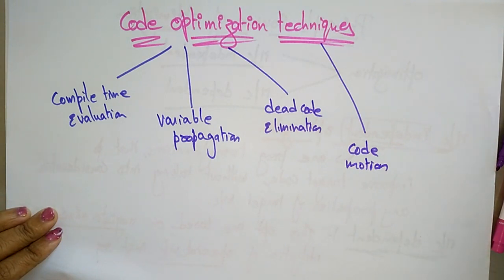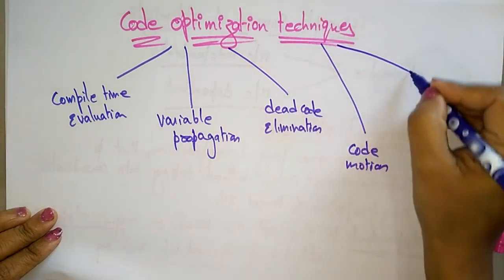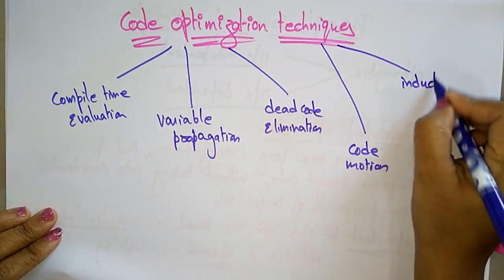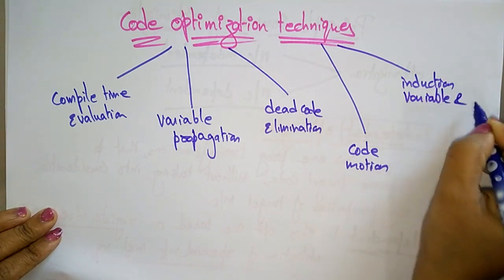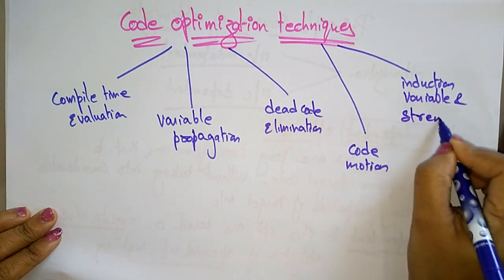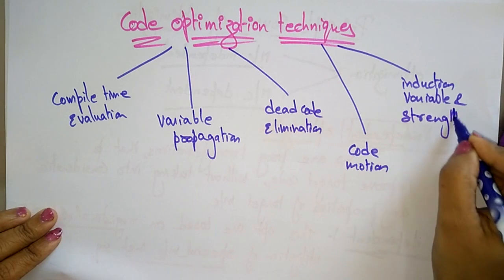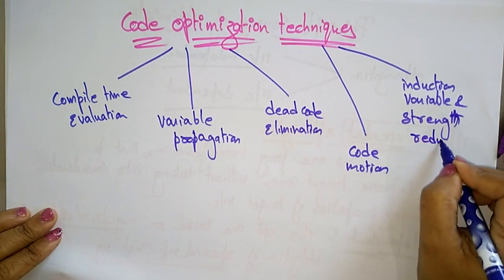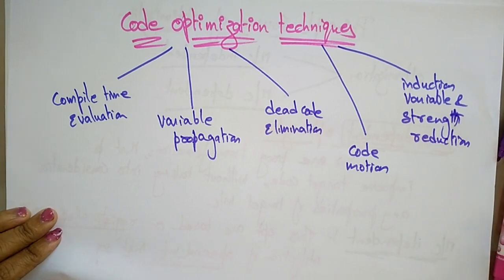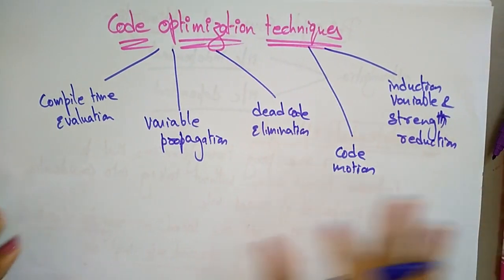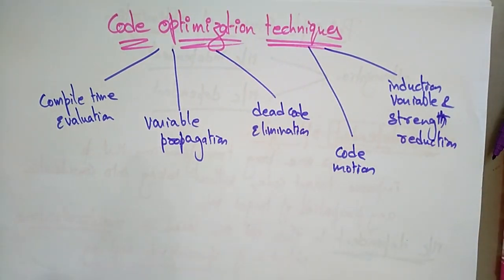And the next technique is induction variable and strength reduction. So these are the 5 different techniques of code optimizing.